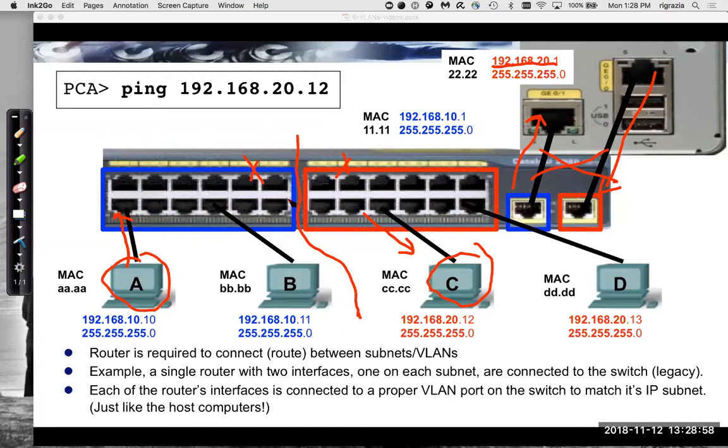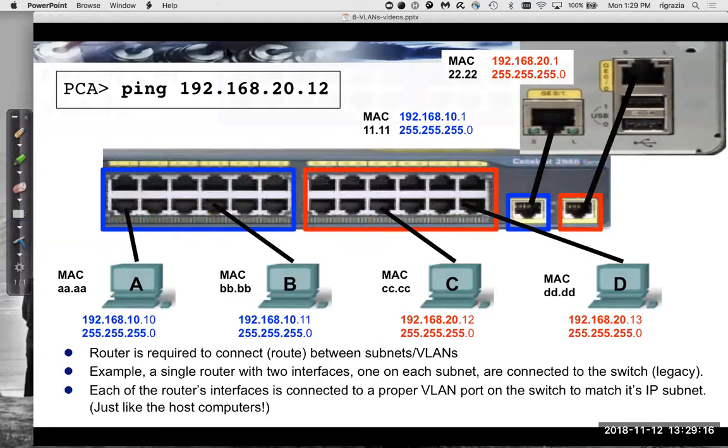What the VLANs do for us is segmenting that broadcast domain. When we sent out the ARP request, that broadcast only went out the blue ports. All right, so I hope that helps you see the importance or the benefits of VLANs.